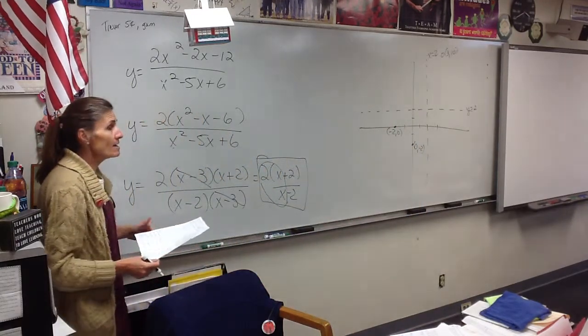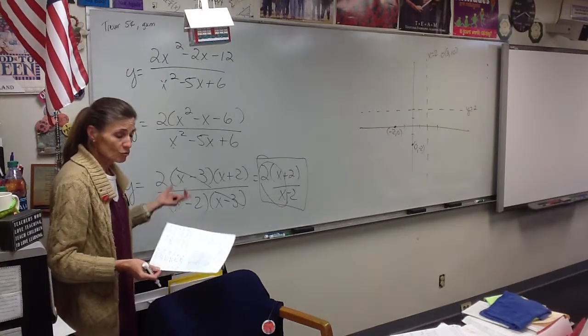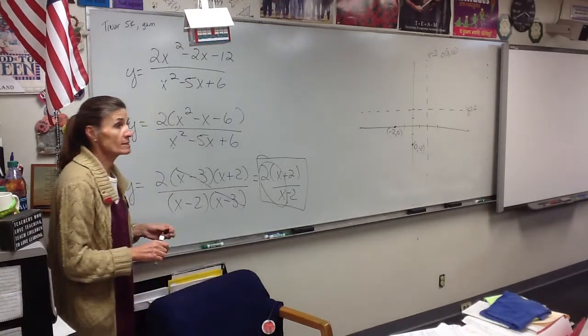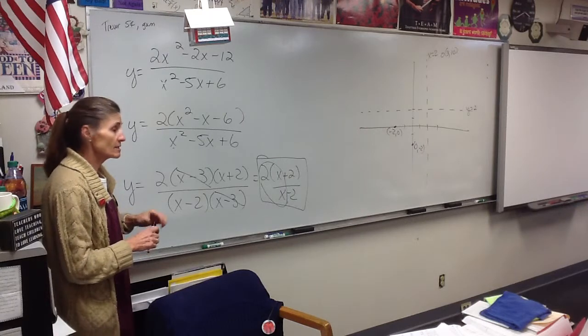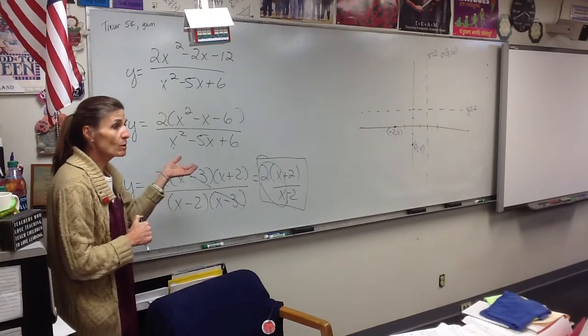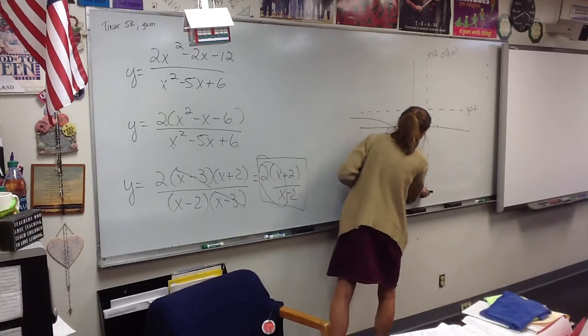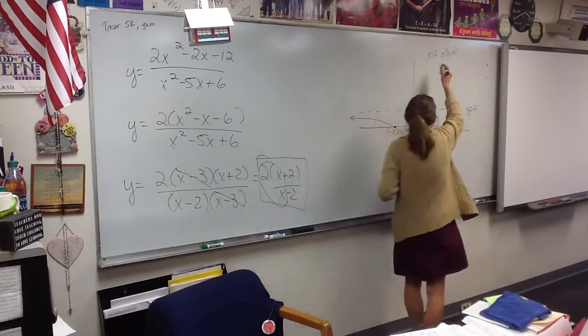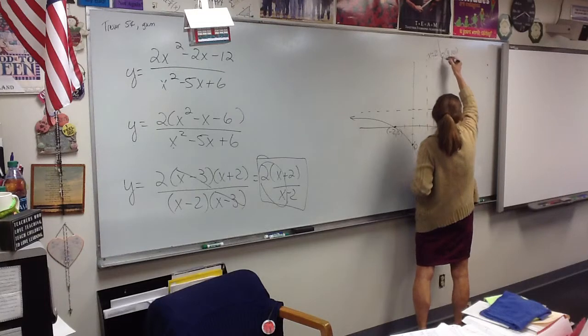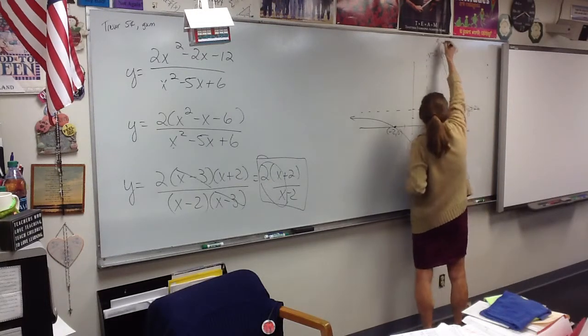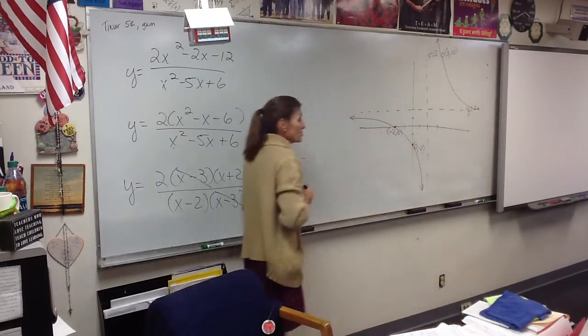Is that enough to draw the picture, or do I need to plot points? Some of you plotted points, and that's good if you need to, but I think we have enough. Don't forget you got your hole up here. There's your picture.